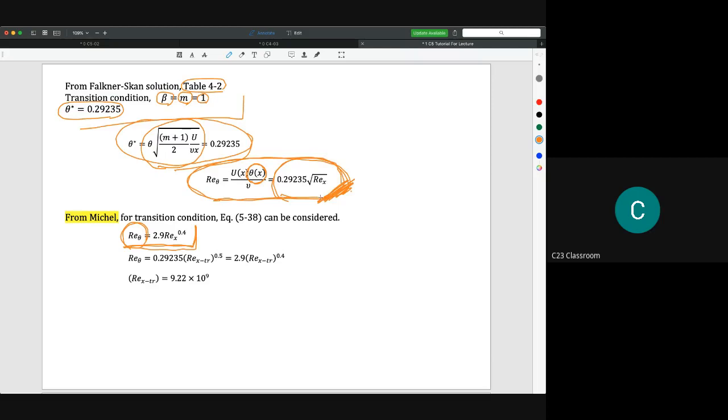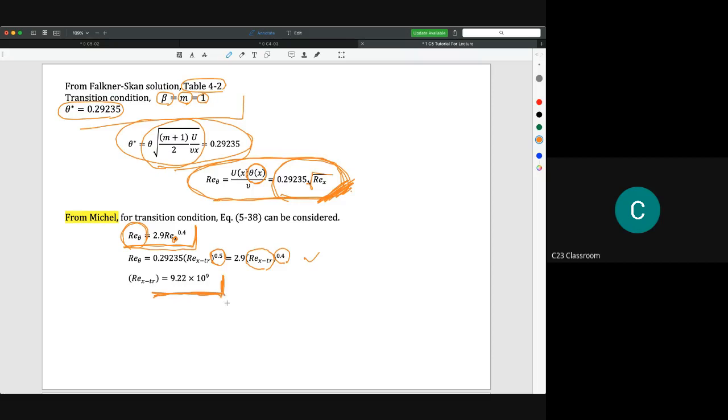Because this is a square root of the Reynolds number, we change it into the Reynolds number to the power of 0.5, and we have x here. This x is actually showing the transition, so we change it into the Reynolds number of transition to the power of 0.4. Then we can solve this equation and get the Reynolds number of transition equal to 9.22 times 10 to the power of 9. So this is the Reynolds transition.